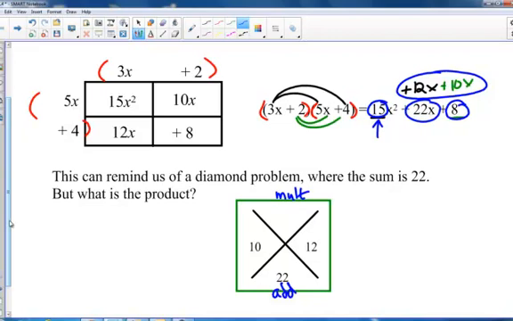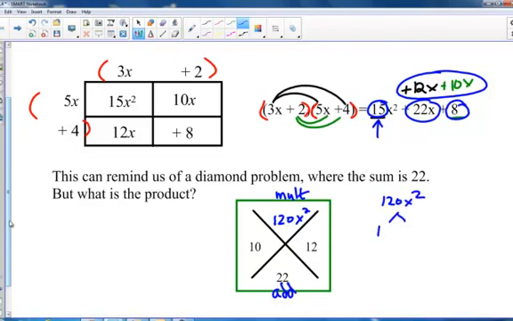So 15 times 8 is what we need to multiply to get. So the question is, what two numbers multiply to give you 120 that add to give you 22?